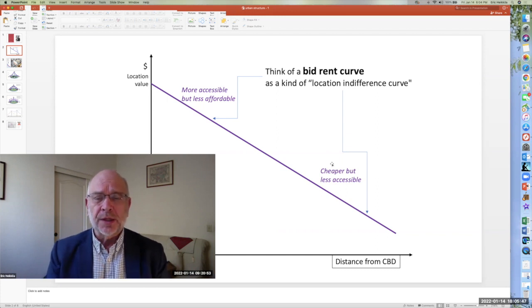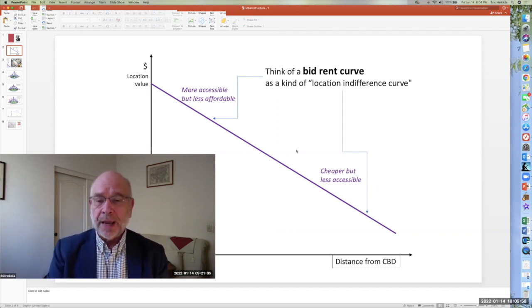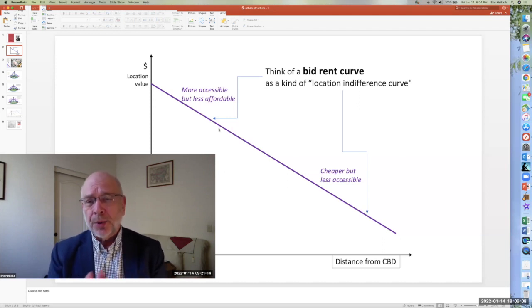So if we think of this as a kind of household budget decision, accessibility is in effect one good that households can purchase, but they have many other goods that they're also looking to purchase. And so there's the trade-off. And if we were all identical, we'd be approaching that trade-off in the same way.